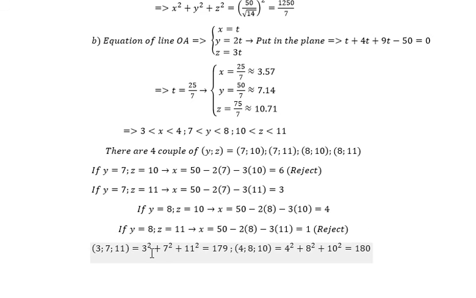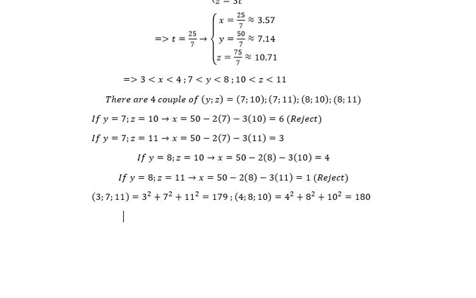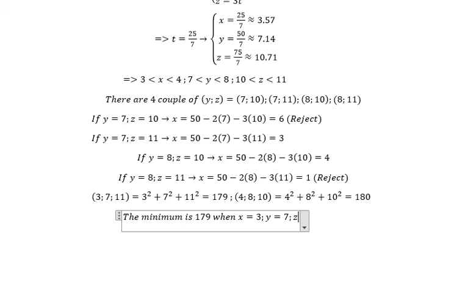So after we compare the two values, we select this number, and now we can find that the minimum is 179 when x equals 3, y equals 7, and z equals 11.